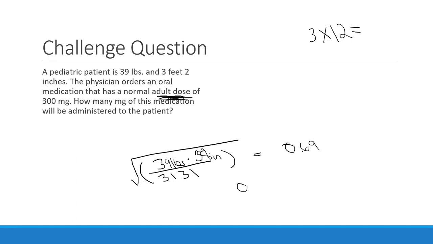So 0.69 is going over our 1.73, because that's the number we use for it. And then what is the adult dose? So my adult dose is 300. So I'm going to do that times 300. And let's see what we get.